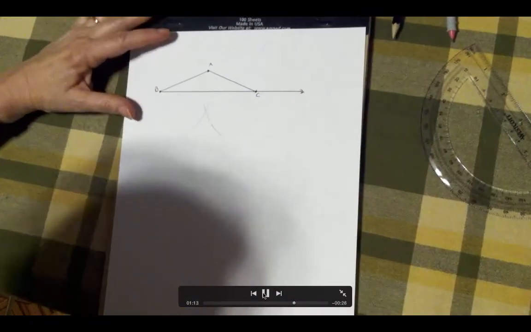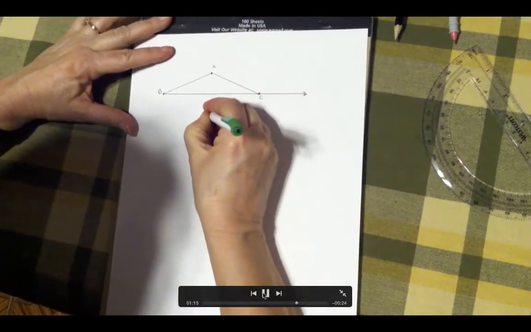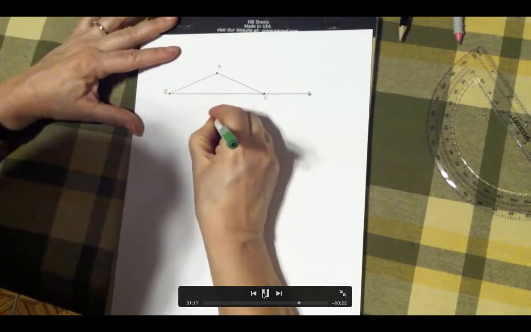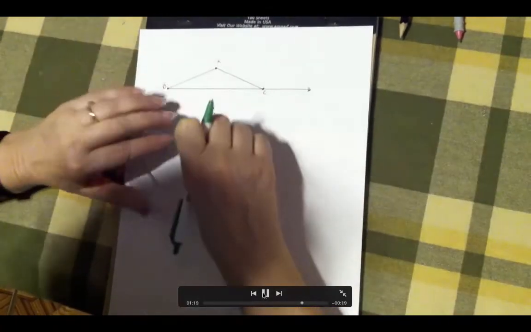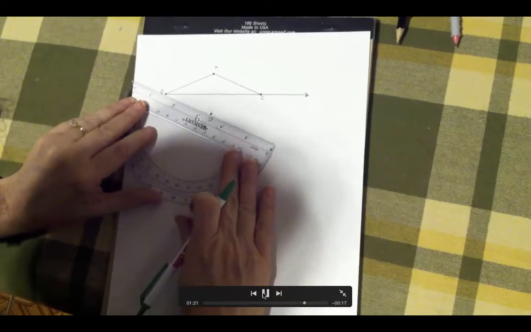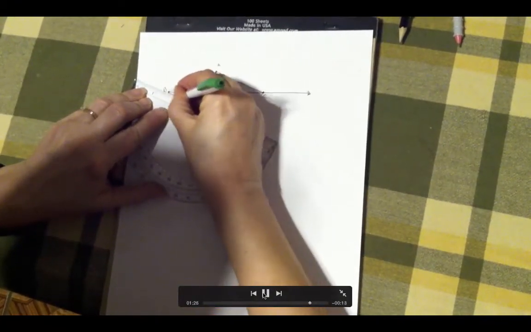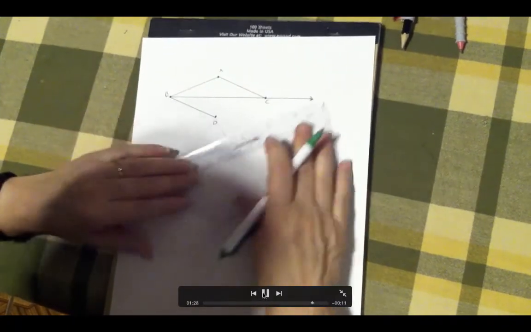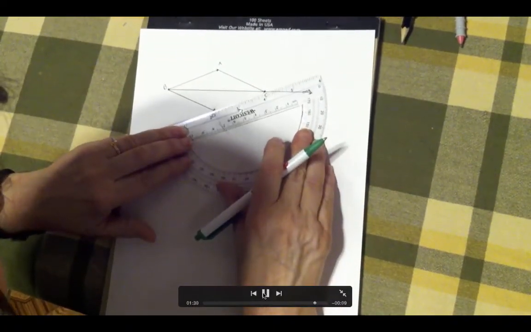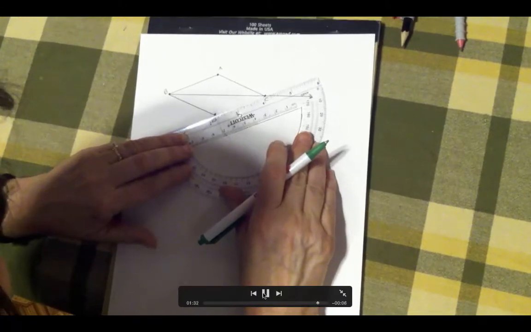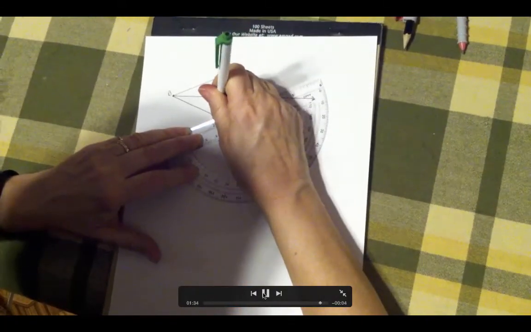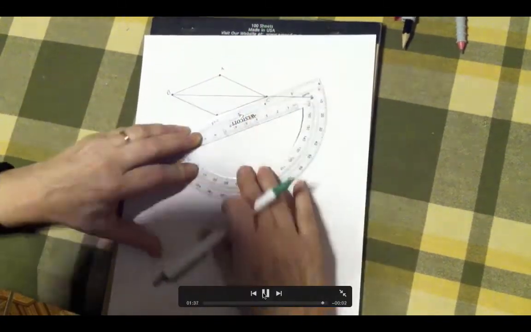So I used my compass and I put the point on C and I made a little arc. Then I put the point on B and I made a little mark, and I looked for where those 2 arcs were intersecting, and then I made that be point D. I'm connecting B to D, and now I'm connecting B to C, and you can see that I have created my rhombus.